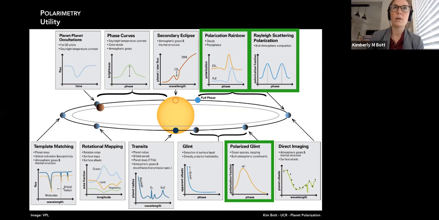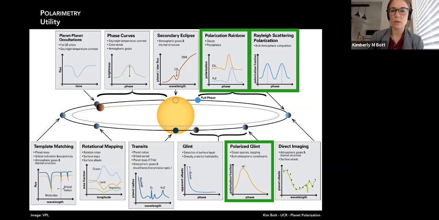So there are polarimeters like SPIRou that do high resolving power spectral polarimetry for template matching or cross correlation technique. Rotational mapping can also be done in polarized light, and there might be some benefit there in getting slightly more specific information out of your phase curves to produce a map of a planet.